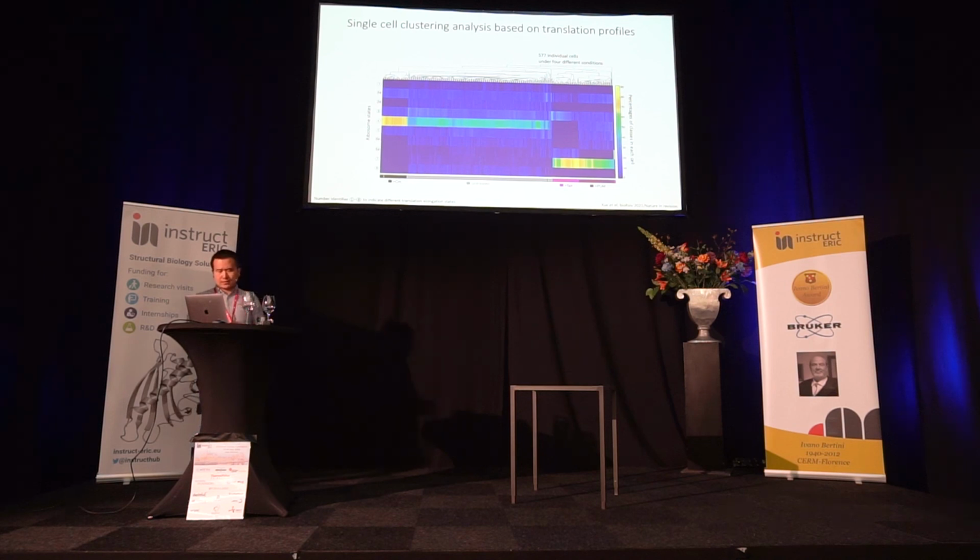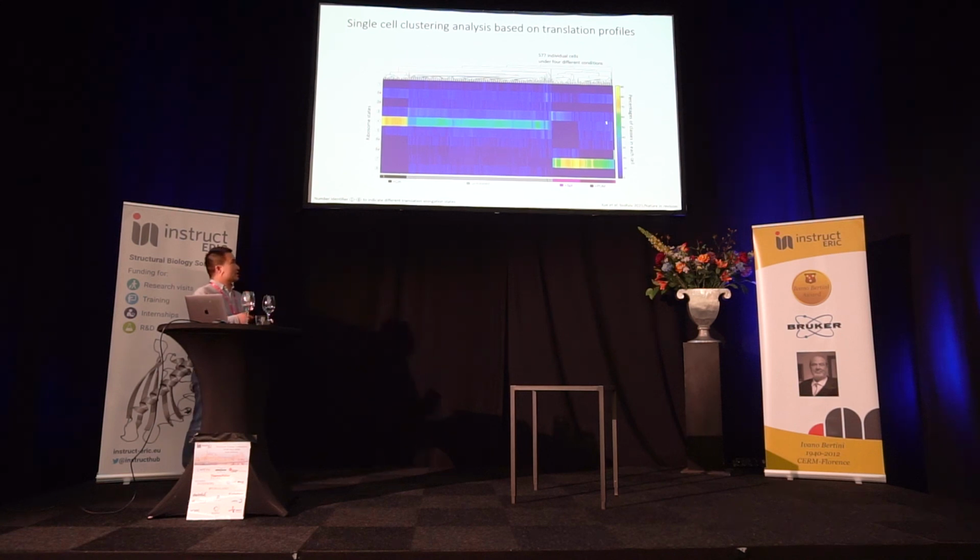Quite surprisingly, we found that for a certain experiment group, there is relatively low variation between different cells. This suggests that for a given cell type under certain conditions, the cells might have the ability to maintain relatively stable translation landscapes.